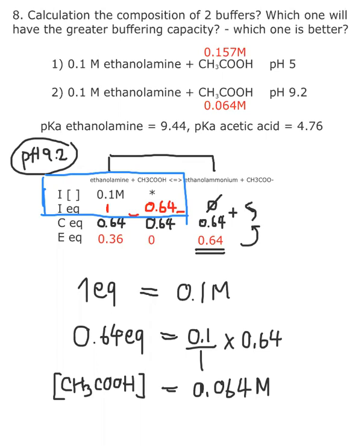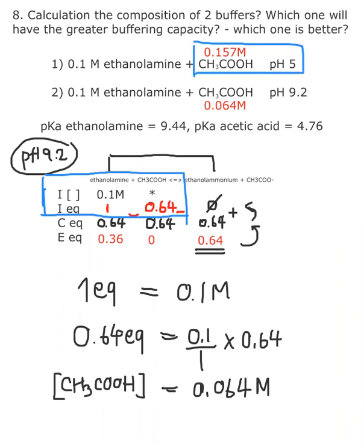So the ratio of either ethanolamine, ethanolammonium, or acetate would fall into the Henderson-Hasselbalch equation and fall in the right ratio, right? So which one has the greater buffering capacity? We already talked that you have to focus on the buffer that works at that certain pH. So at pH 5, the one that works as a buffer would be acetic acid.